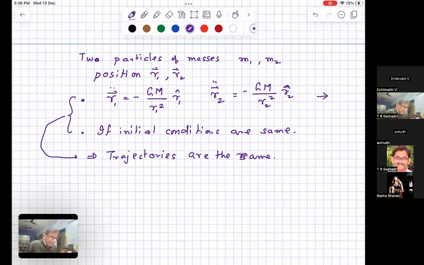In a differential equation, if the equation is the same and the initial conditions are the same, the solutions are the same. So they follow the same trajectory, and hence when the astronaut comes out, they are still together, although they are not physically bound to each other. Is this clear?